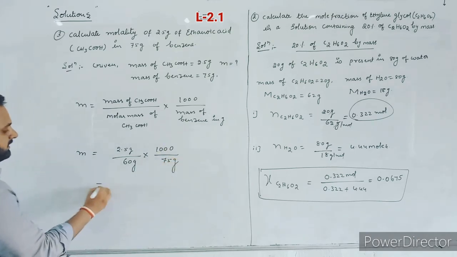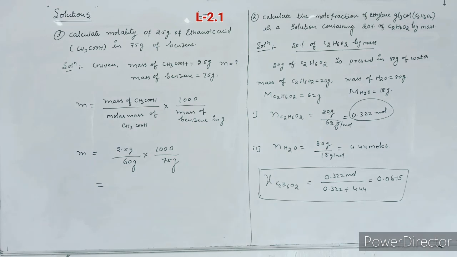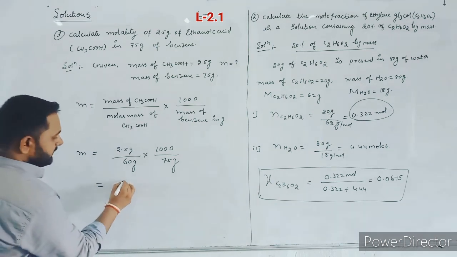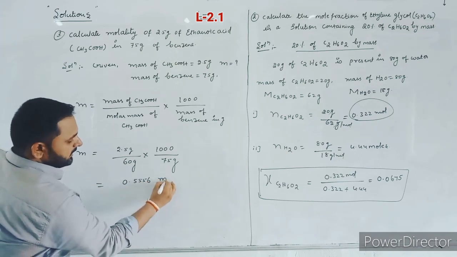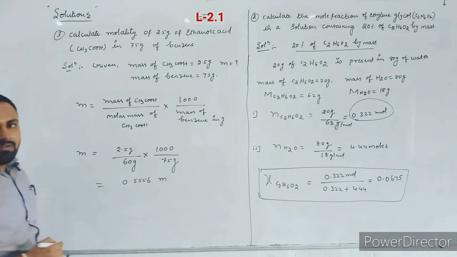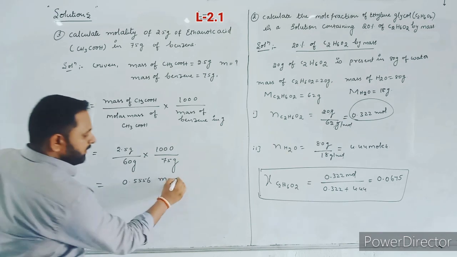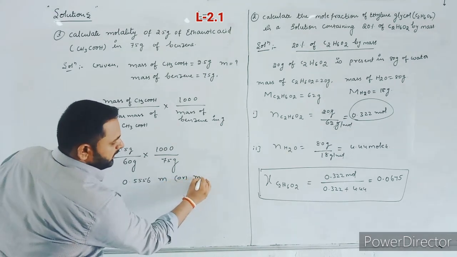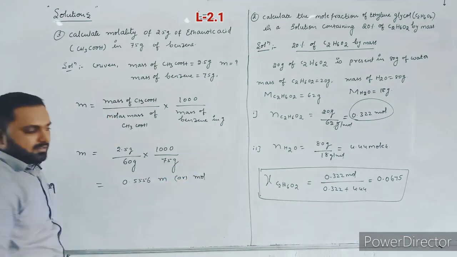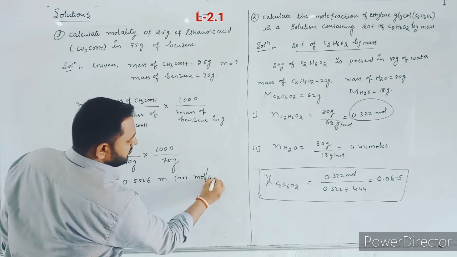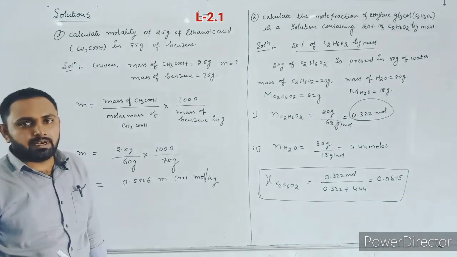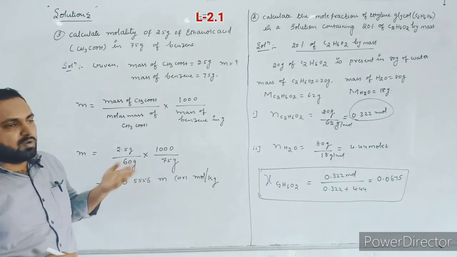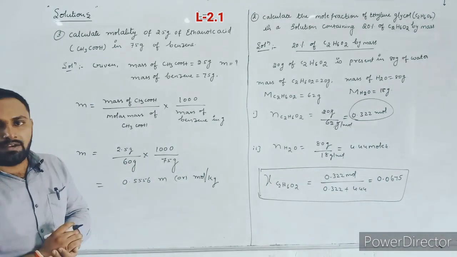Now you just simplify. After simplification, we will get nearly 0.556 molality. Molality is represented by small m, or we can write mole per kg. This is the unit of molality. In this way, we have to calculate molality, mole fraction or molarity.